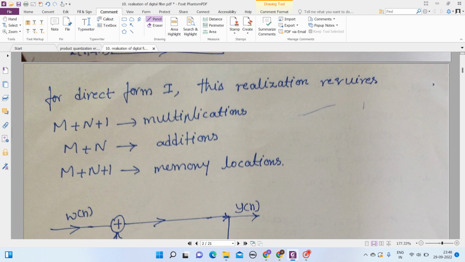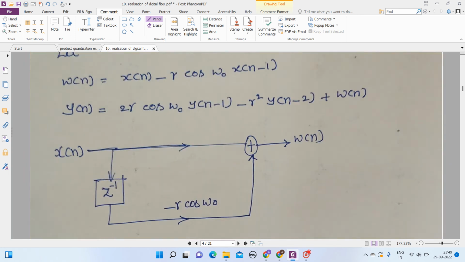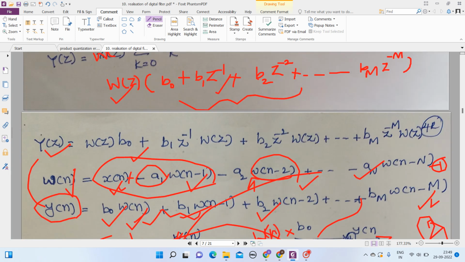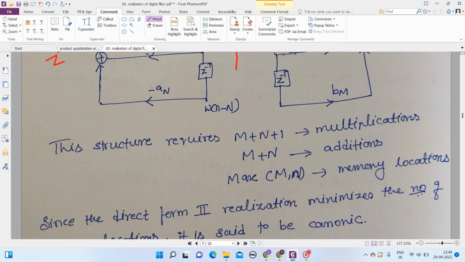Here m plus n plus 1 memory locations are required, m plus n plus 1 multiplications are required, and m plus n additions are required. But in the direct form 2 structure we need fewer memory locations when compared to the direct form 1 structure. Here we calculate the memory locations using this condition: maximum of m comma n.